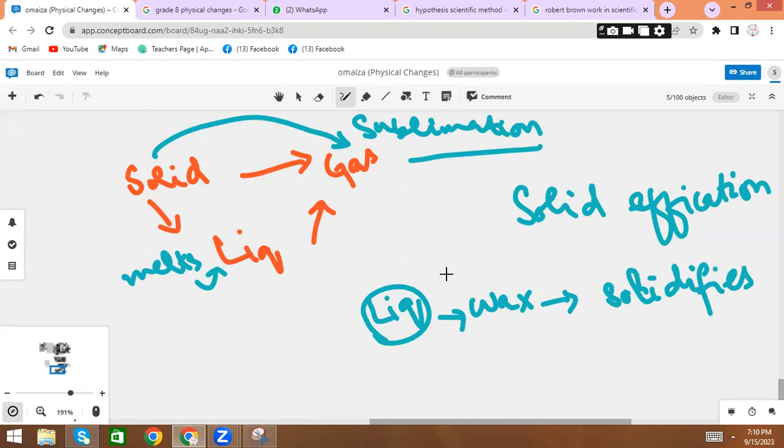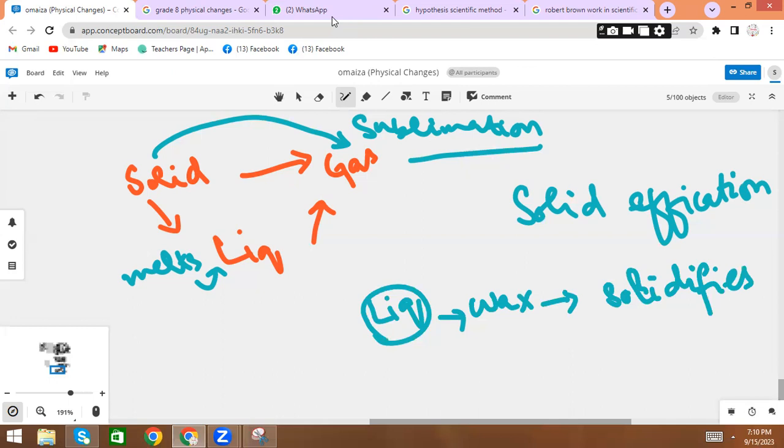Wax becomes hard on its own. We are not saying that it is now a solid, but that it is solid-like. That is why we say solidification. It solidifies, but it is not a solid.